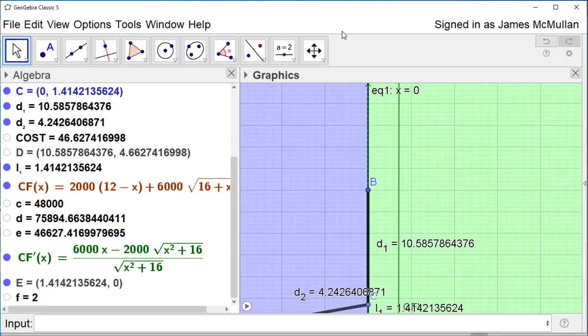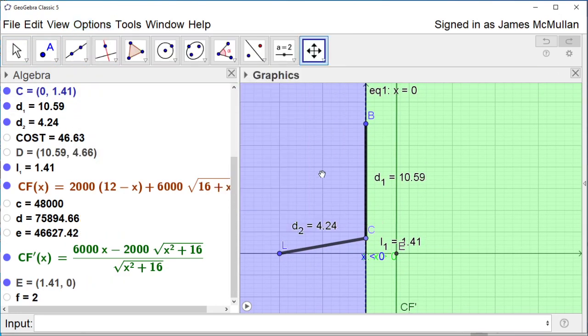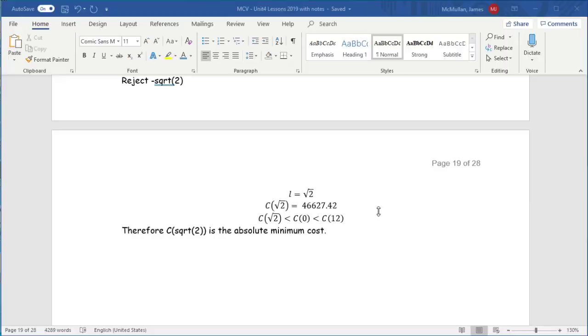Let's go back and hide the equations for a sec and get the rounding back to normal. So let's hide the cost and the derivative and the point E. At this specific point, you reach the best possible scenario of how much you should go along the sea, and how much along the land.